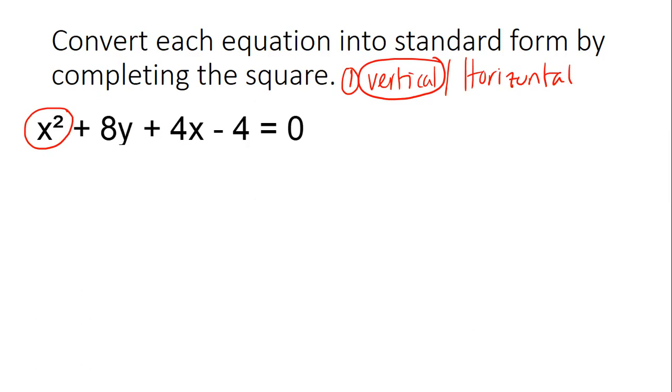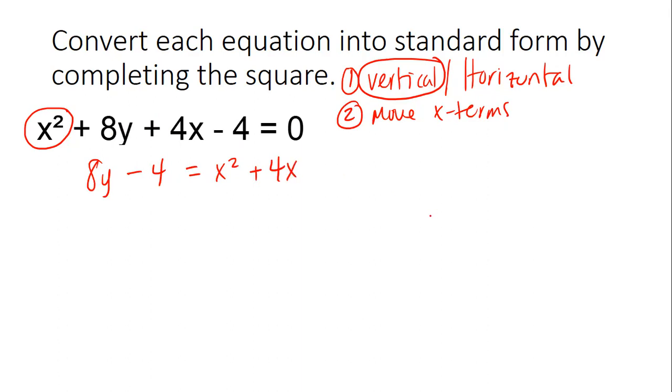Still good? Okay, step 2 is you're going to move, in this case, our x terms away. So all terms that have x's in it. So I'm going to be left with 8y minus 4 equals x squared plus 4x.